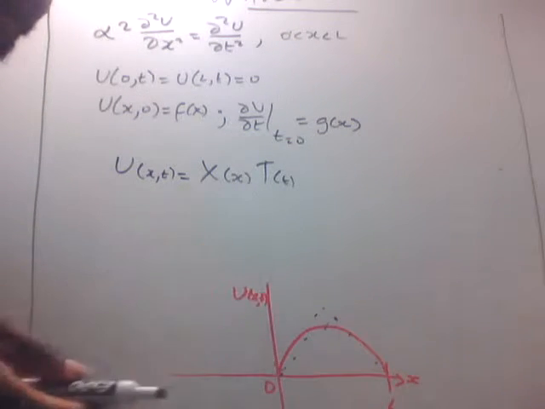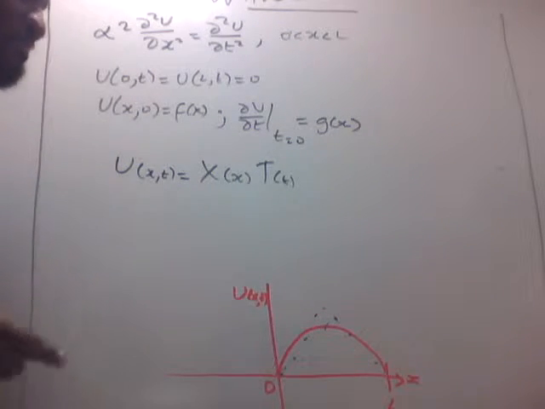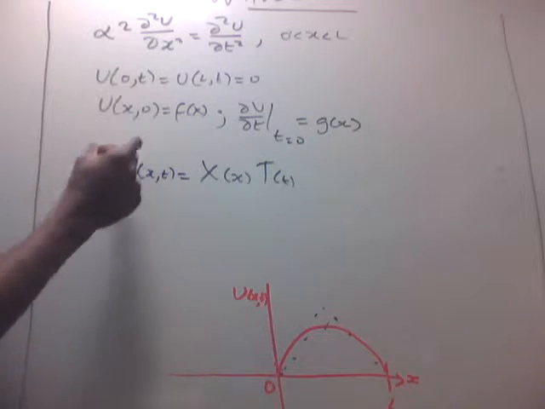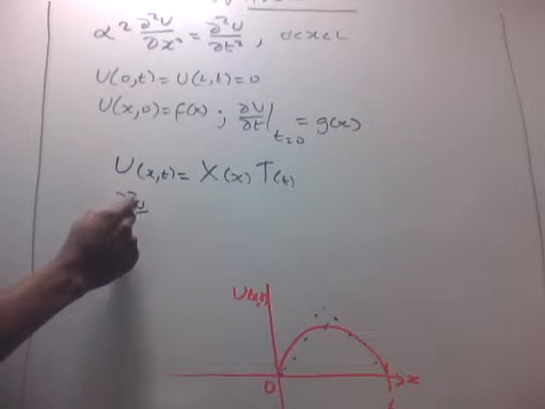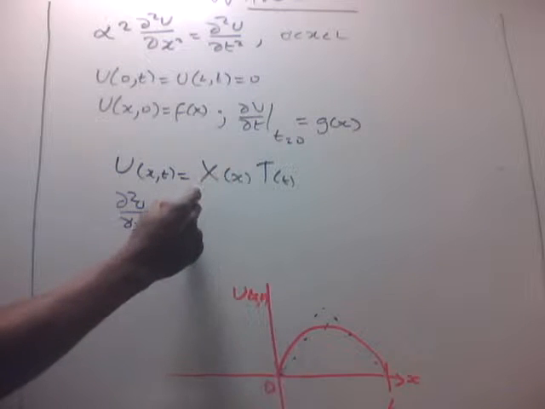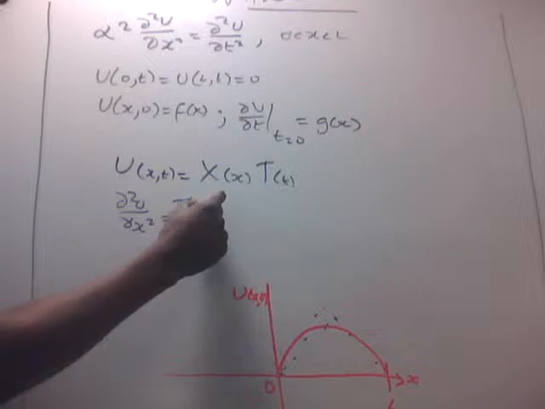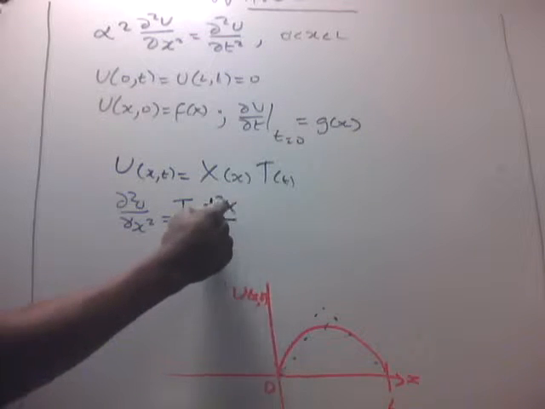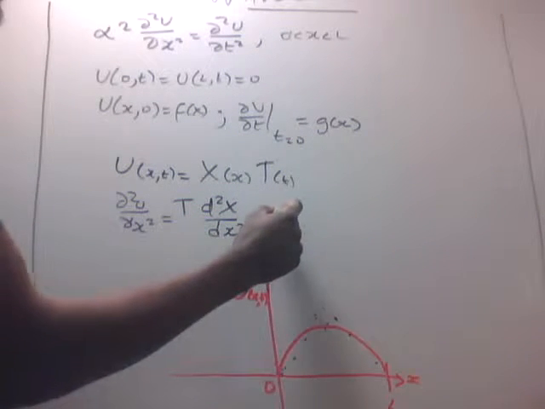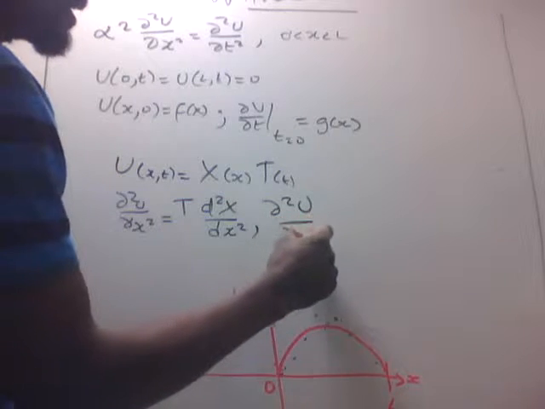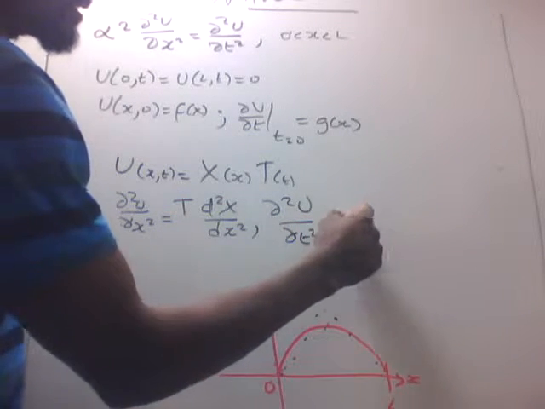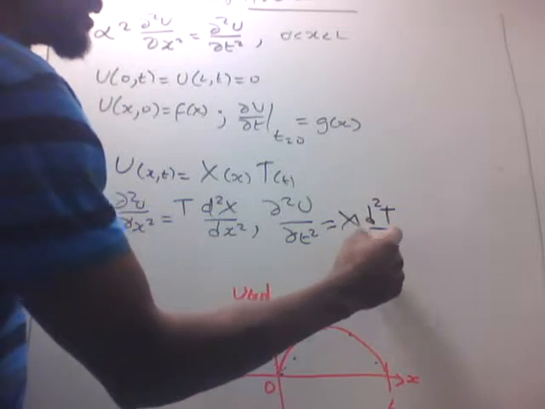You've seen how this works with the example problems I showed in class. Here again, del squared u del x squared is simply T, which is a constant with respect to x, times d squared X dx squared, and del squared u del t squared is simply X times d squared T dt squared.